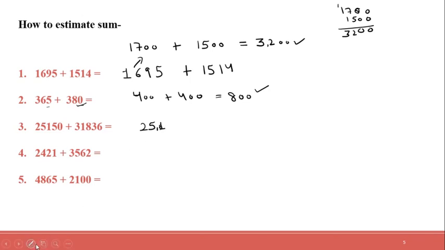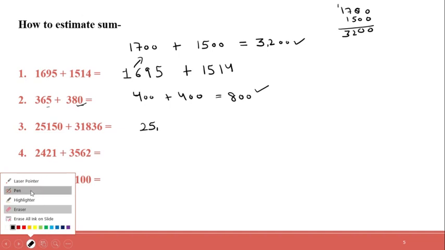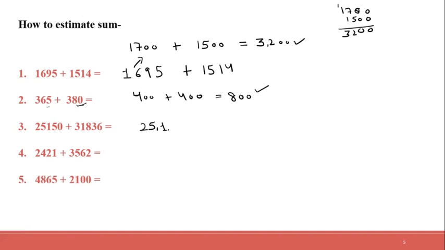25,150 plus 31,836. Try this question. In this question, we will round it off to the nearest 1000 because the number is larger. So here it will become 25,000. Why?